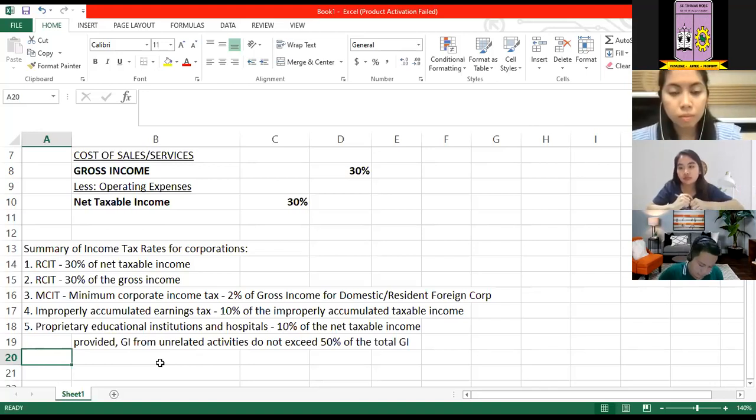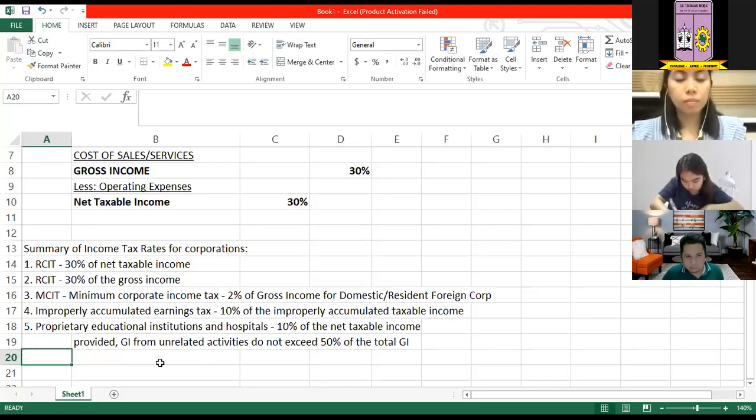Gaya ng cafeteria or canteen, dormitories, bookstores, di ba? School bus, hospitals, and pharmacies or drugstores. So, pwedeng related yan, no, for the purpose ng school. Kasi cafeteria or canteen, para hindi na lumabas yung mga students. So, even if nag-i-income ka from cafeteria or canteen, that can still be considered as a related activity, no, for schools. Okay, pwede yun.